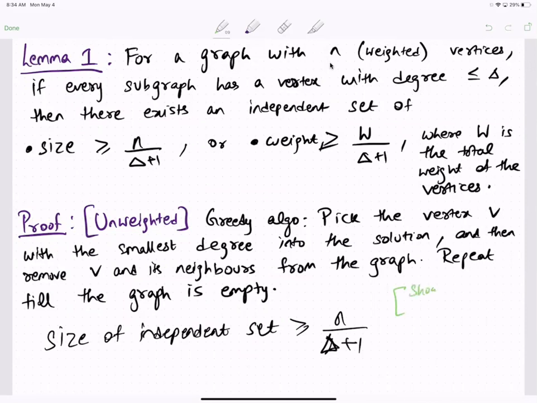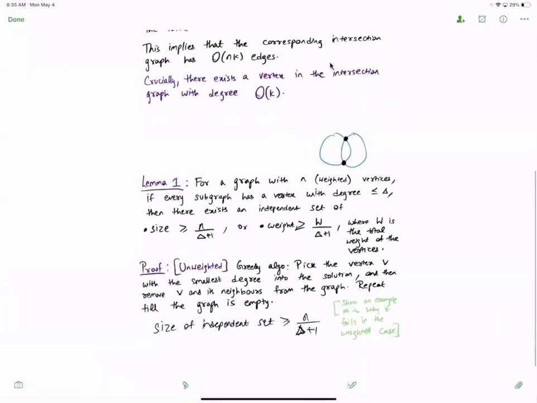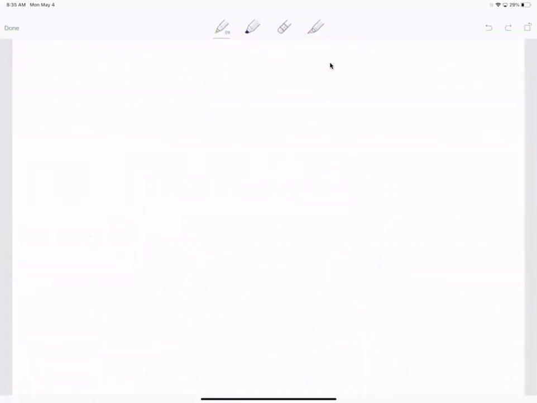Show an example as to why it fails in the weighted case. It's a simple exercise, but we'll be able to appreciate the next algorithm that's coming for the weighted case.